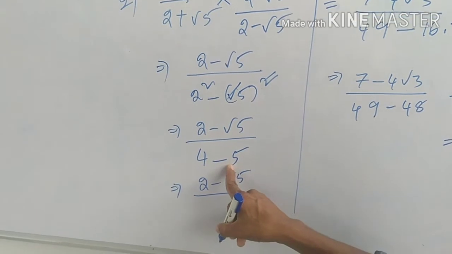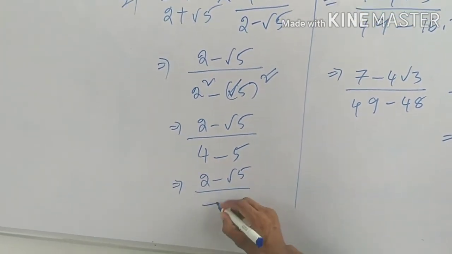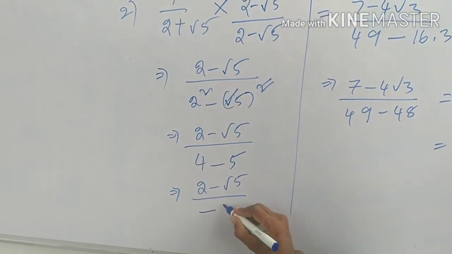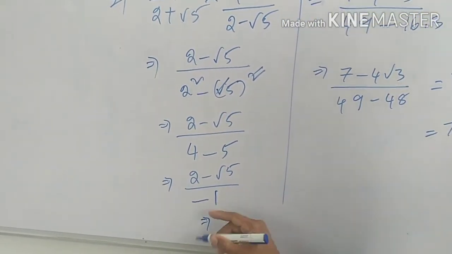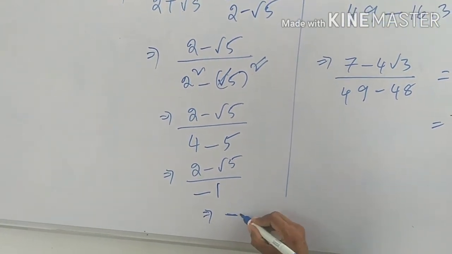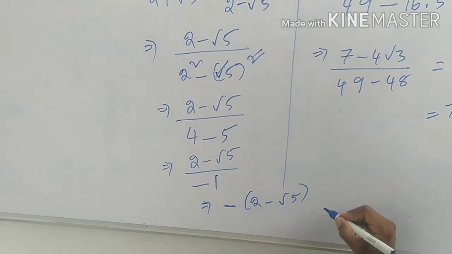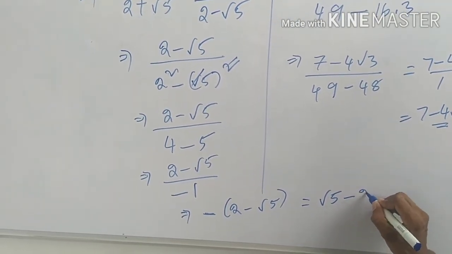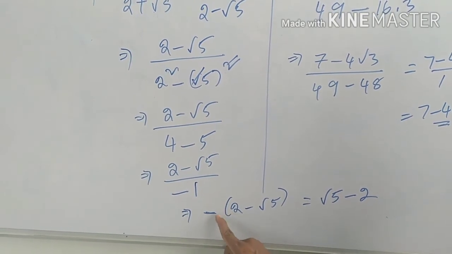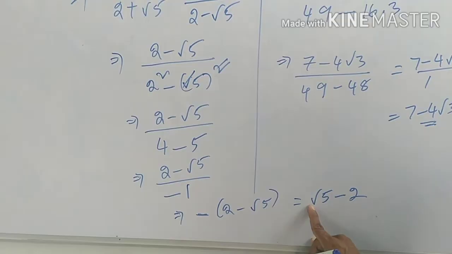So 4 minus 5 is minus 1. That is equal to minus of 2 minus root 5, which is root 5 minus 2, since minus into minus is plus.